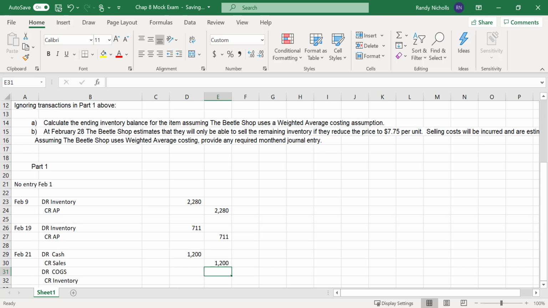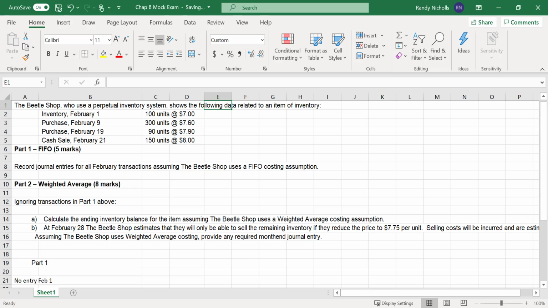And now my cost of goods sold, I have to do a calculation because in this example, I'm using FIFO. Now I could build a table here and track my inventory balance, and I'll have to when I do the weighted average. But for FIFO, I can actually just go back because I sell the oldest things. So, right, that's what FIFO is, first in, first out. So my first in units are the 100 at $7.